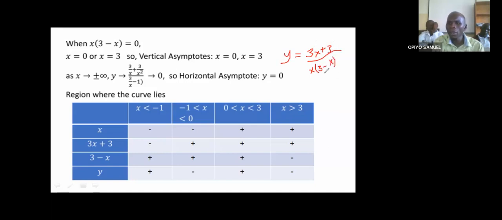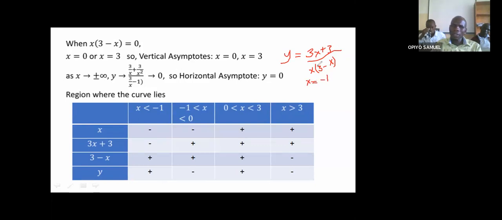From here, we equate both the numerator and denominator to 0 so that we can determine values of x. And when we equate this to 0, we shall get x equals negative 1.